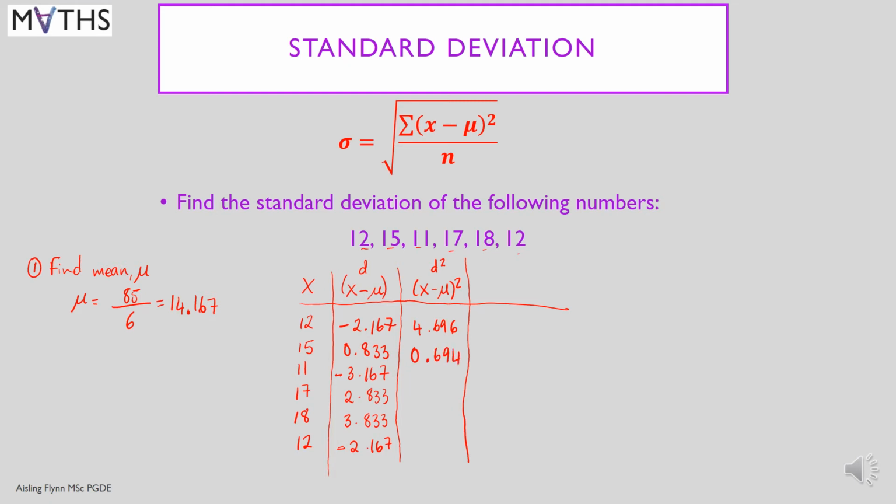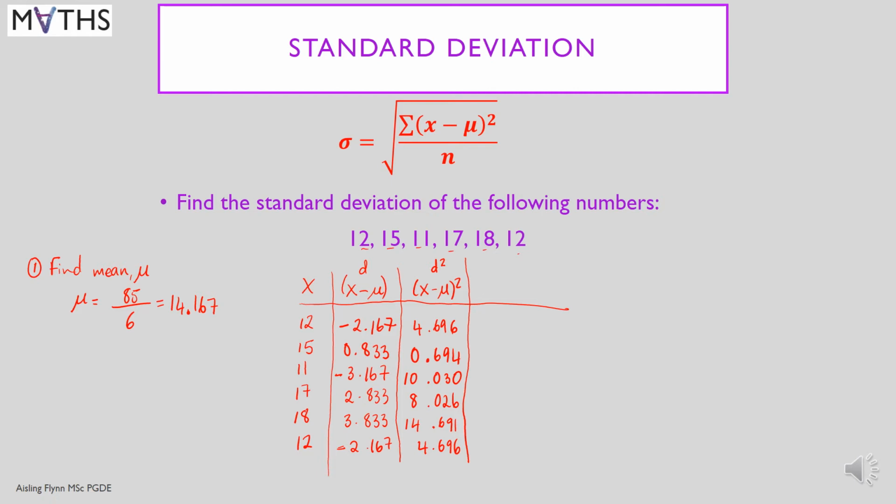And you go do the same all down the table. So the rest of the values for this column are 10.030, 8.026, 14.691, and 4.696. So if you see the values that were furthest from the mean, for example 18, give you the highest value here in this column.